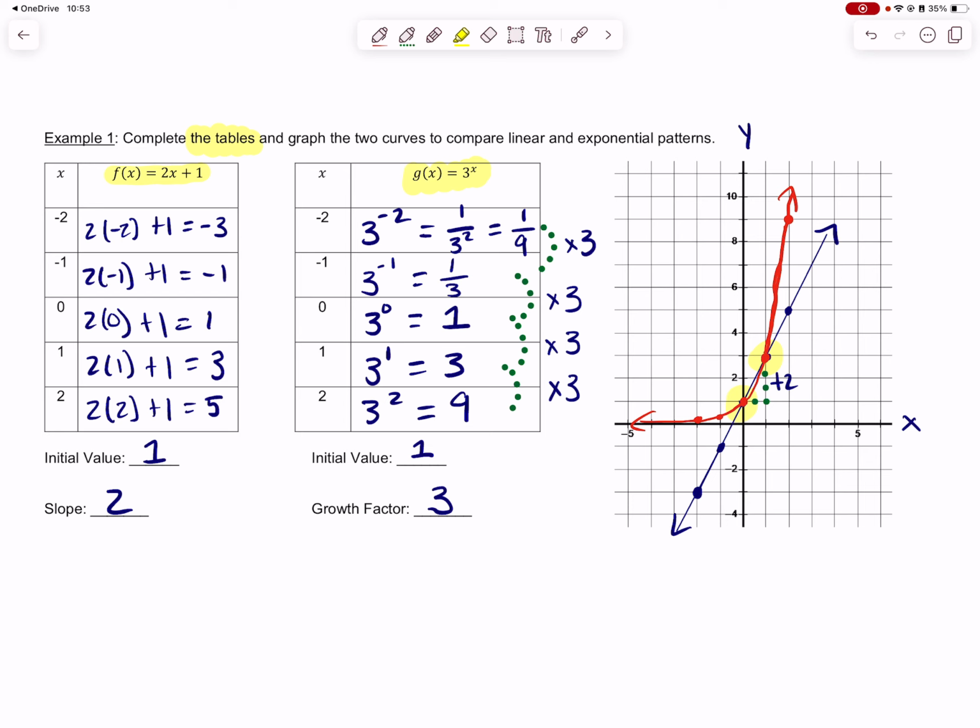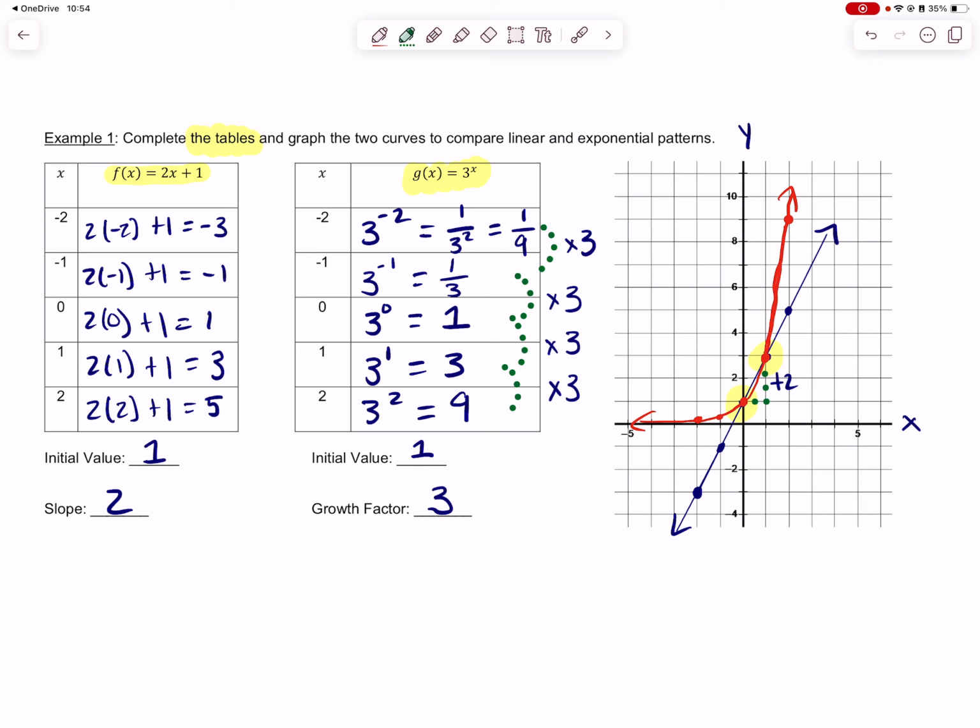So I'm looking at what I have to add to get to that second point, and we had to add 2 with that slope. For our exponential model, we are instead thinking about what we have to multiply by to get to that second point. So when my y value was 1 at the y-intercept, I have to multiply it by 3 to get to that second point. That is that growth factor that's happening.